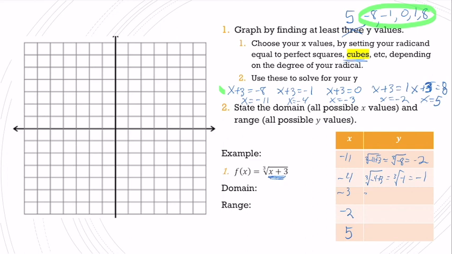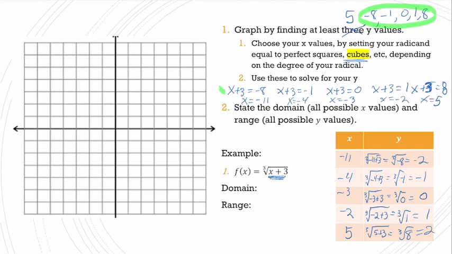If I take the cube root of -3 plus 3, that leaves me with the cube root of 0, which is 0. If I take the cube root of -2 plus 3, that leaves me with the cube root of 1, which is 1. And if I take the cube root of 5 plus 3, that's the cube root of 8, which is 2.